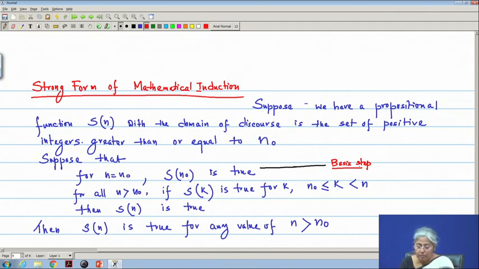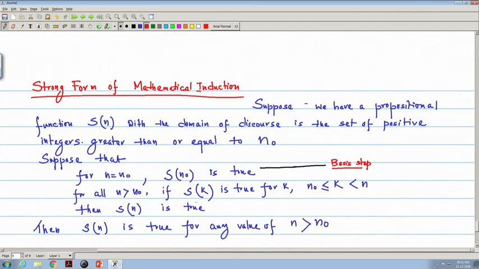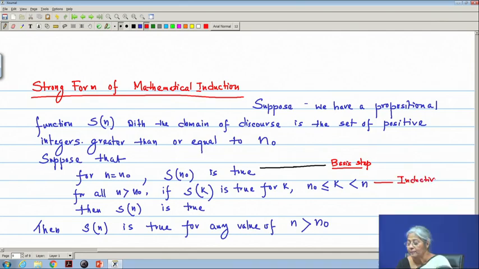And then for all n greater than n0, if Sk is true for k, n0 less than or equal to k less than n, that means this is my inductive step, and here we assume that all preceding statements are true.